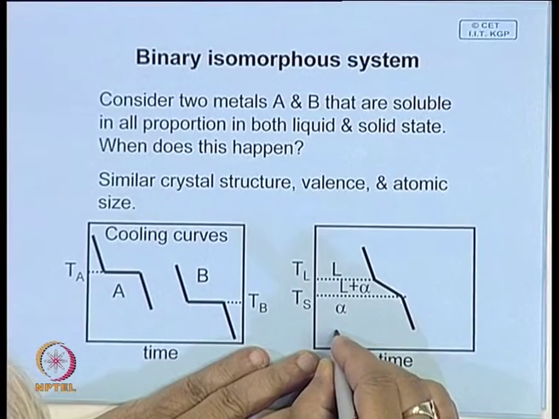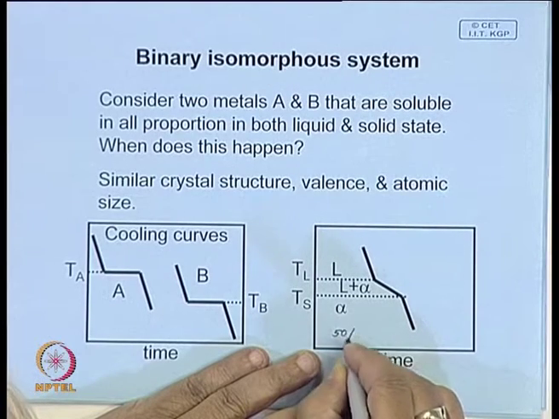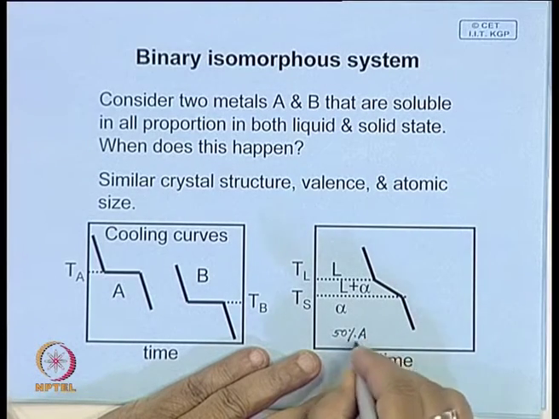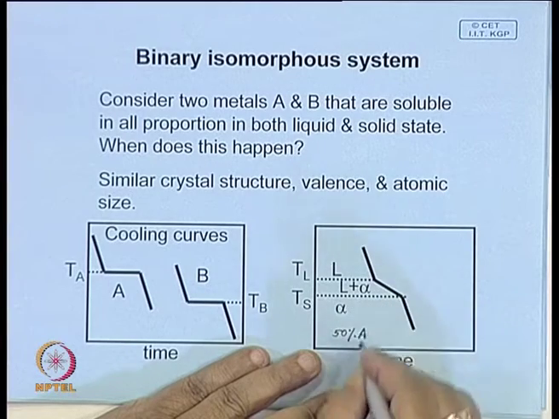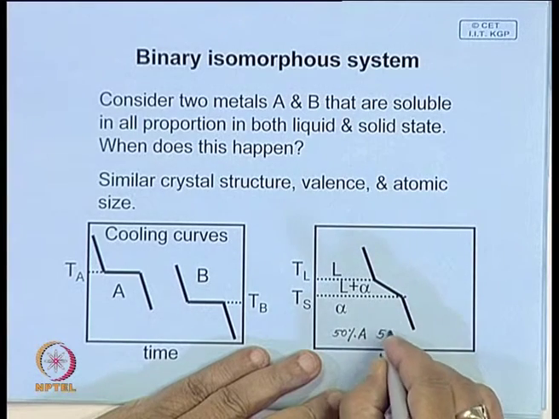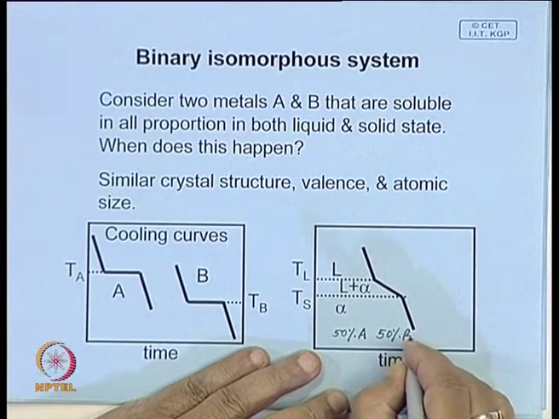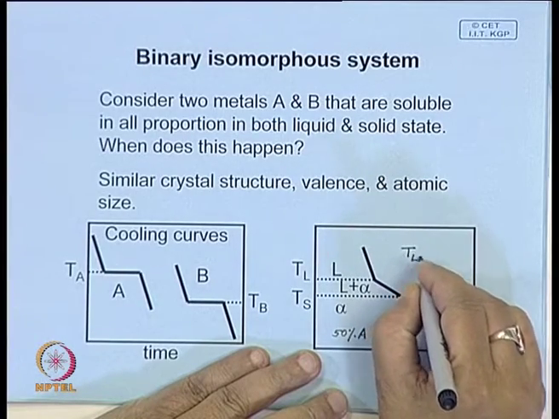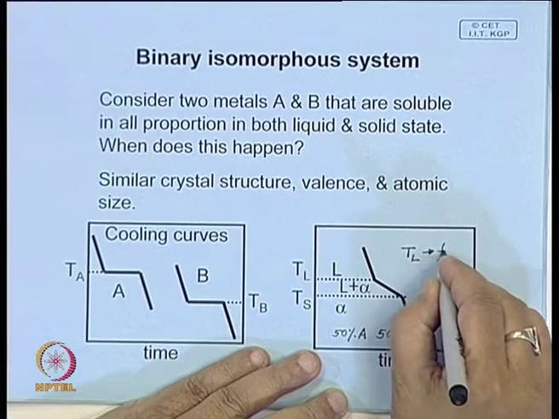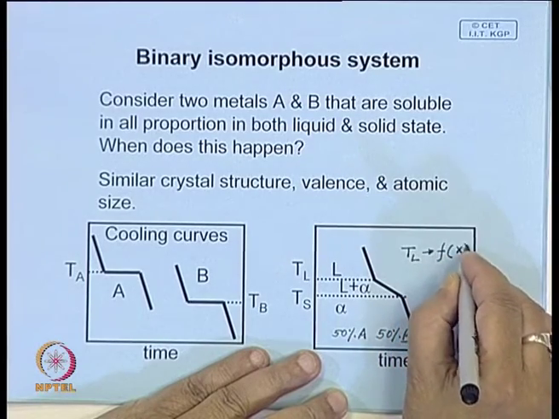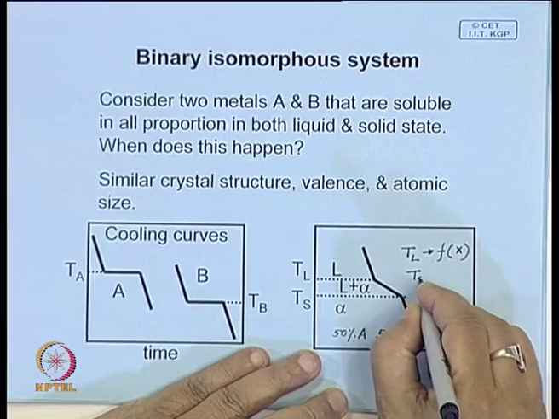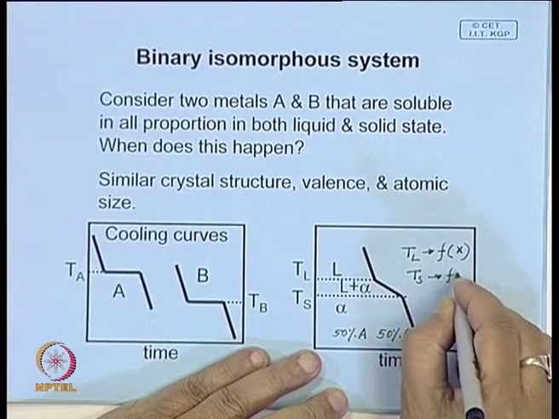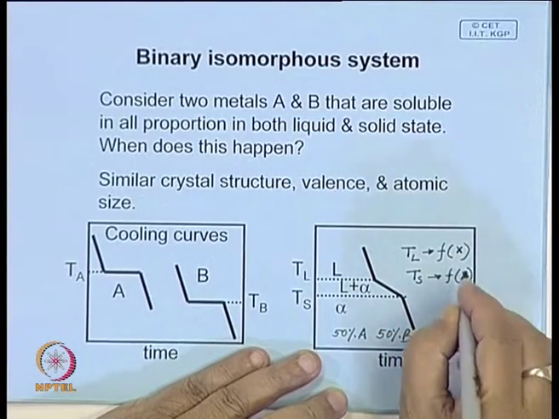let us say 50% A, 50% B. So, T L is a function of composition, and T S is also a function of composition.